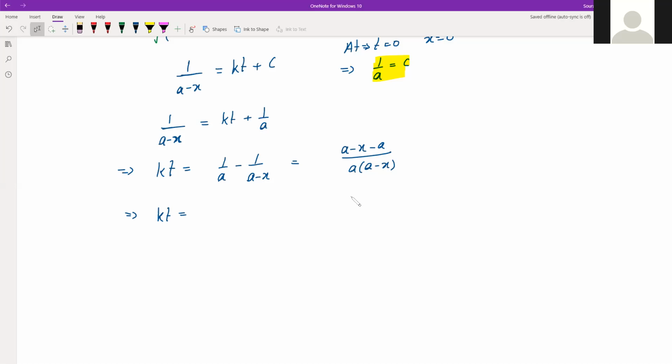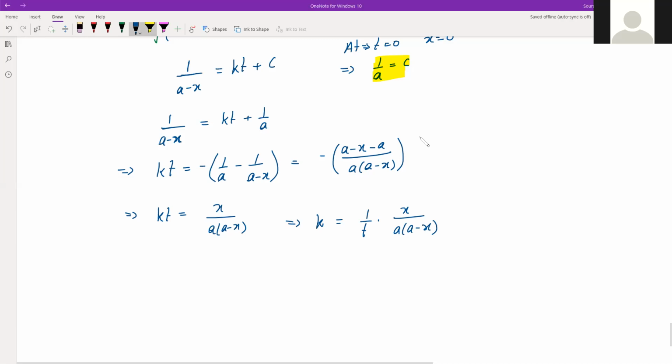So kt is equal to, sorry, this is the negative of that. So kt will be equal to x divided by a into a minus x. Right? So from this, what can we say about k? This k is 1 by t into x divided by a into a minus x. So this is the expression for k, that is the rate constant in a second order reaction.